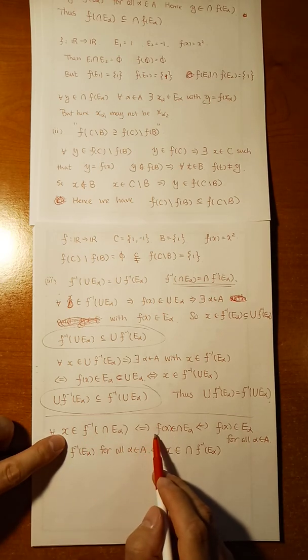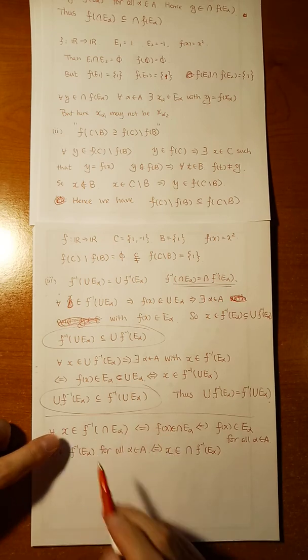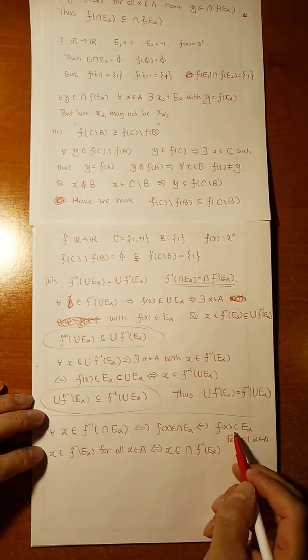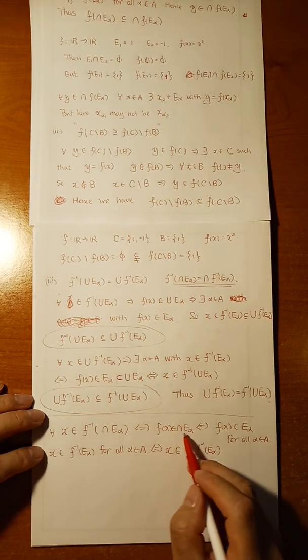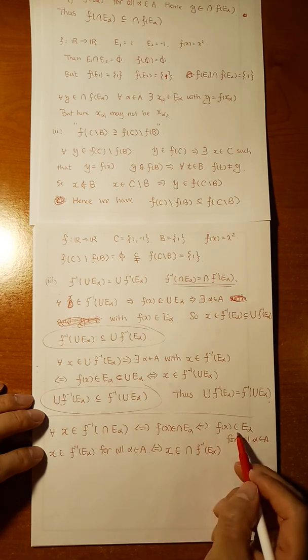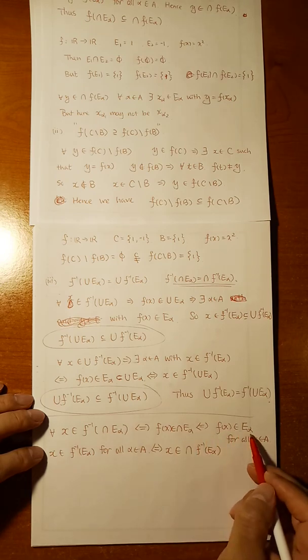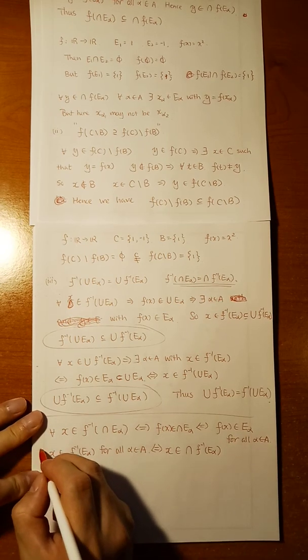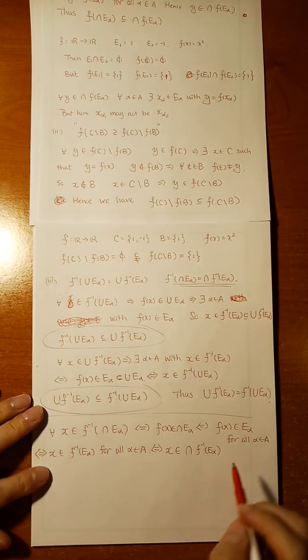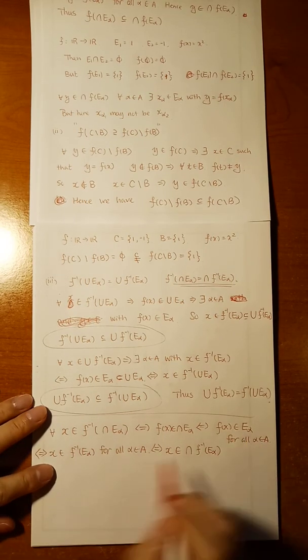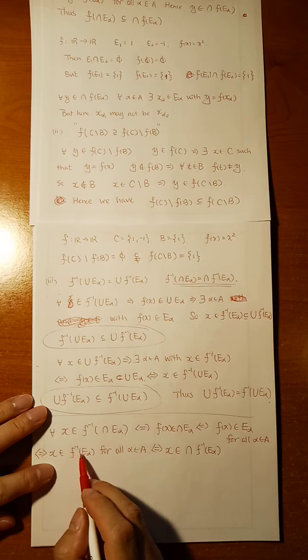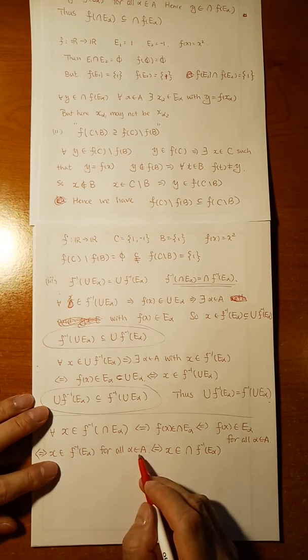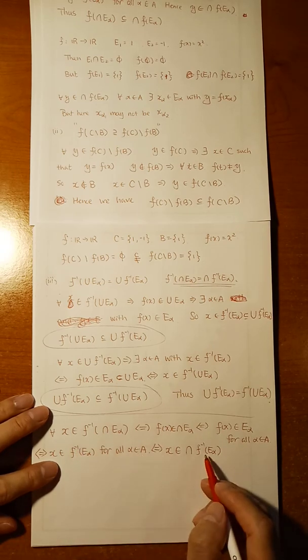It's equivalent from here to here, and here, the same thing. If fx belongs to the intersection, then fx belongs to every set E alpha, and this is if and only if. Then x belongs to F inverse of E alpha for all alpha. Then x belongs to the intersection.